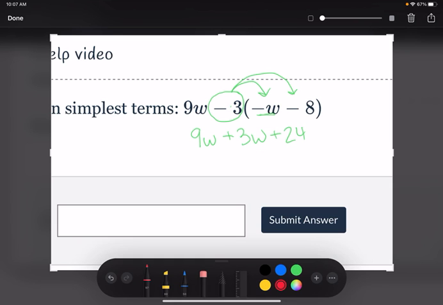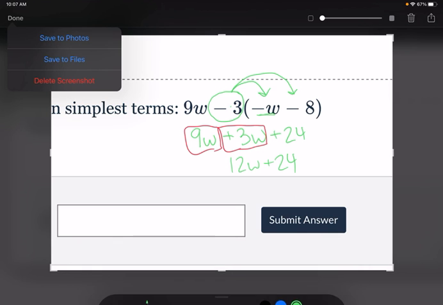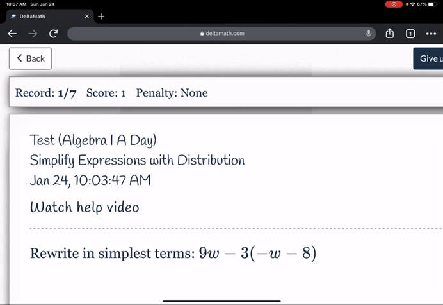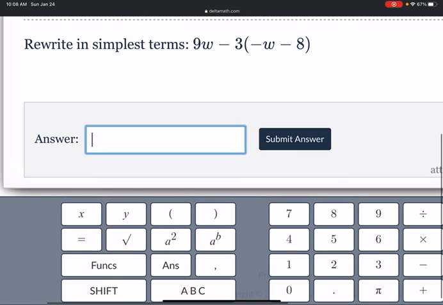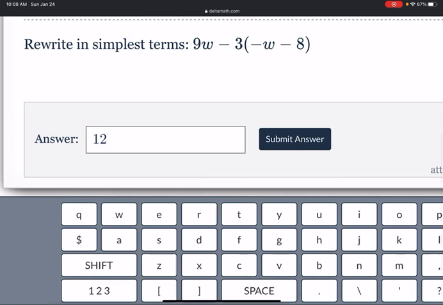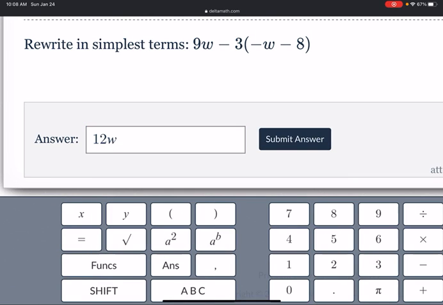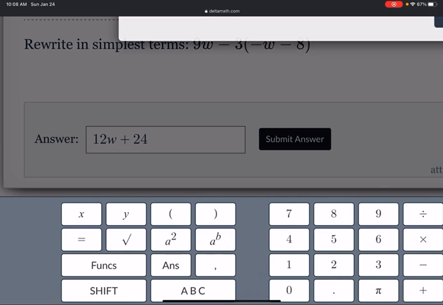Now I need to combine my like terms. I have 9w's plus 3w's, total of 12w's plus 24. So my answer is 12w plus 24.